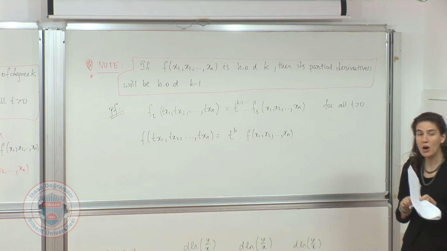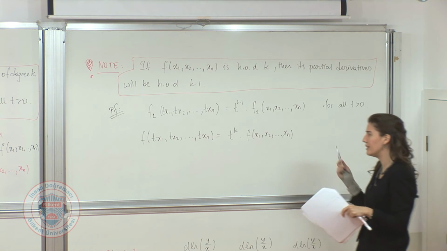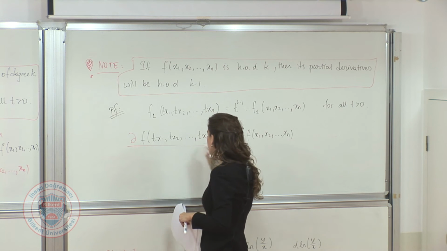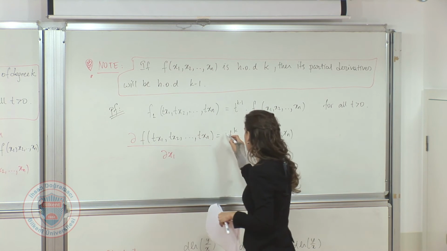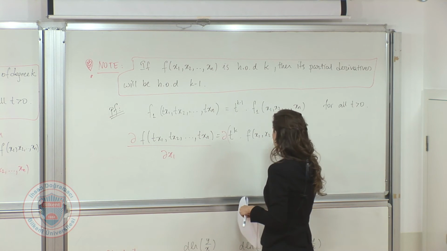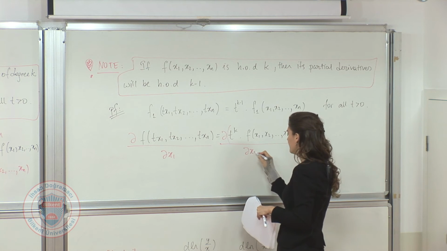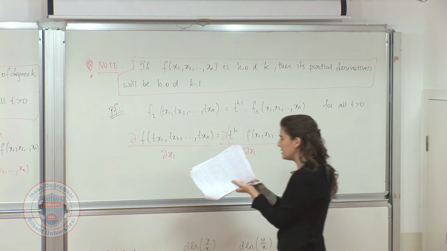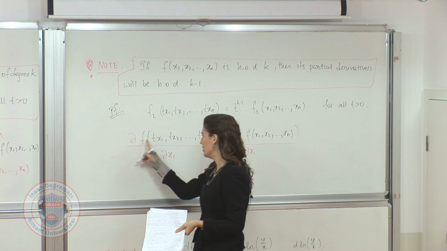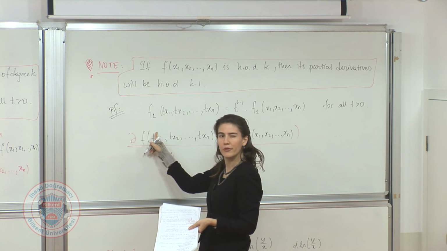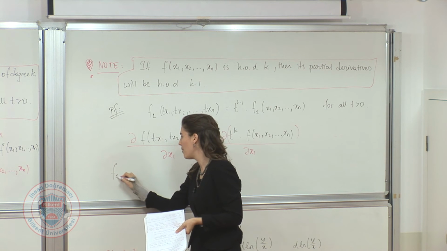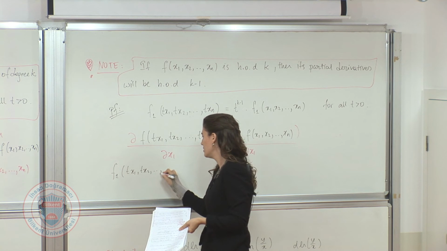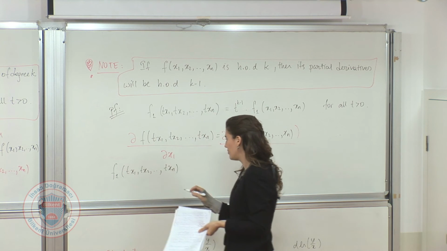Now it says the partial derivative, so let's do it for the first one. You take this guy's derivative with respect to x1. The derivative of the left side with respect to the first argument is f1 of t x1, t x2, t xn.